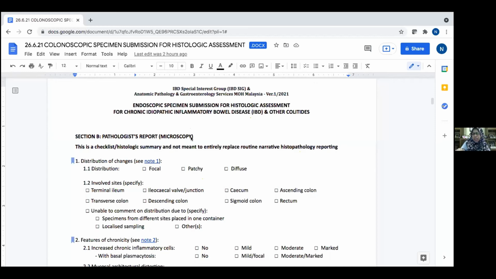Increased crypt-based apoptosis you can see in several conditions: in IBD, definitely; in HIV infection; in CMV infection; in graft versus host disease; in drug-induced colitis. Sometimes occasional crypt-based apoptosis you can also see as a result of bowel preparation. So you have to interpret crypt-based apoptosis together with other histologic findings and also the clinical history.